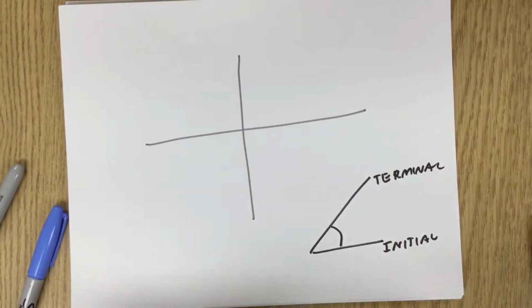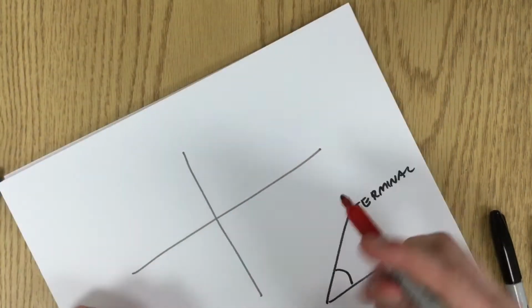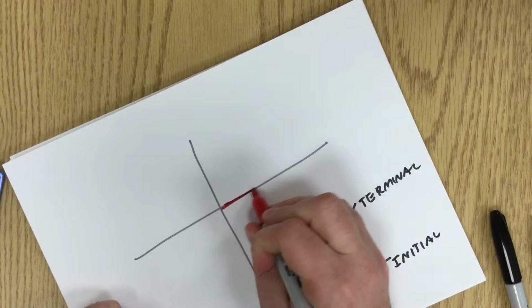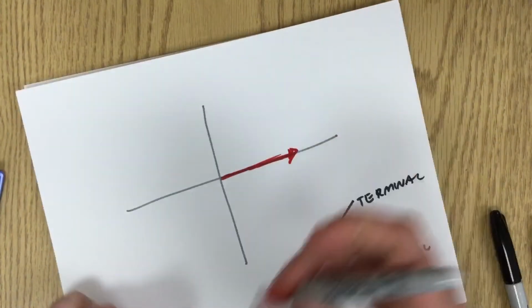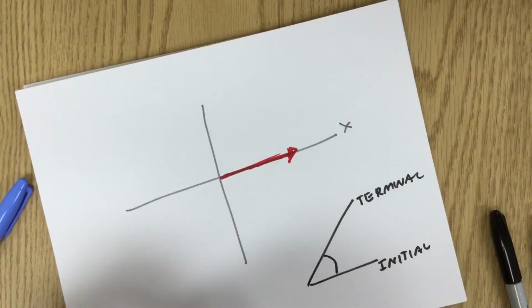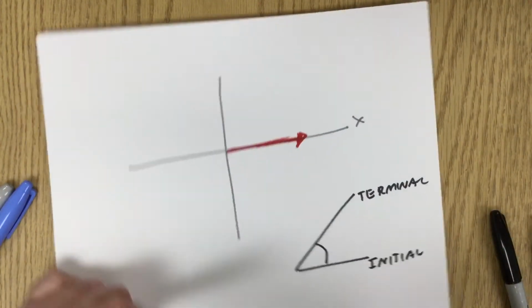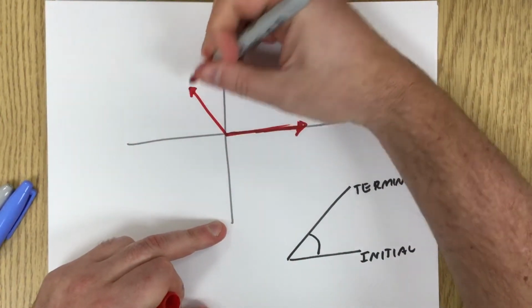And then we're going to draw an angle in something called standard position. So what standard position is, is that the initial arm is always on the positive x-axis. Then we draw a terminal arm somewhere else.